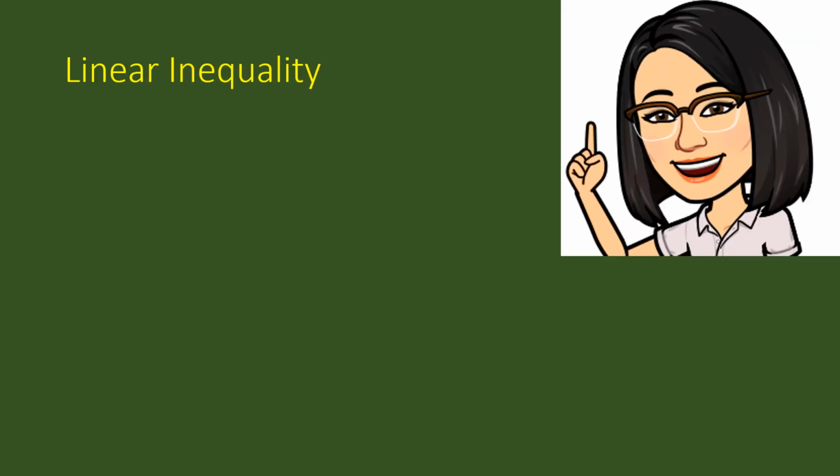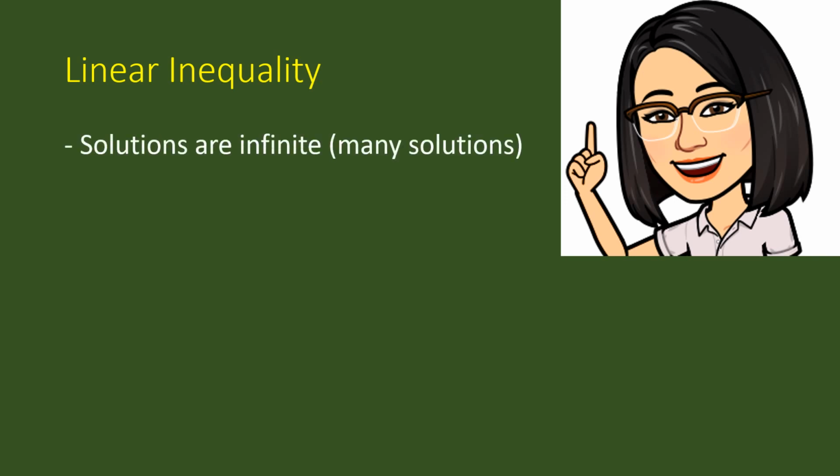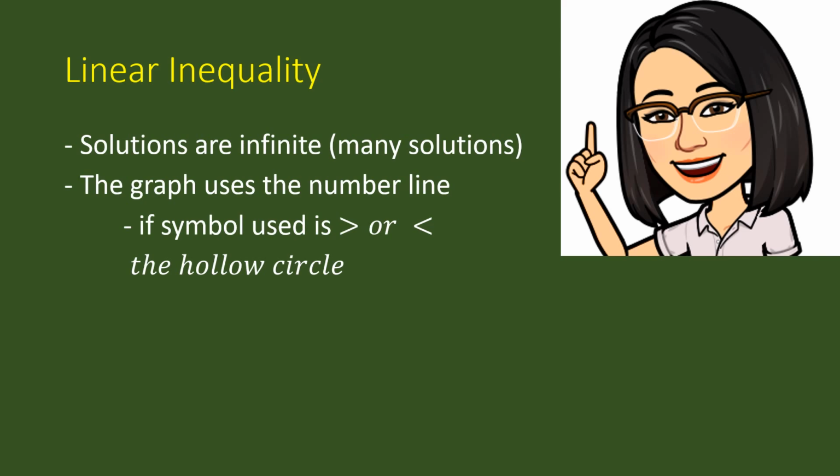Let us recall further about the linear inequality. With regards to solutions, it has infinite or many solutions. If we are going to draw, the graph uses a number line. If the symbol used is greater than or less than, the hollow circle is used to show that the critical point is not included.